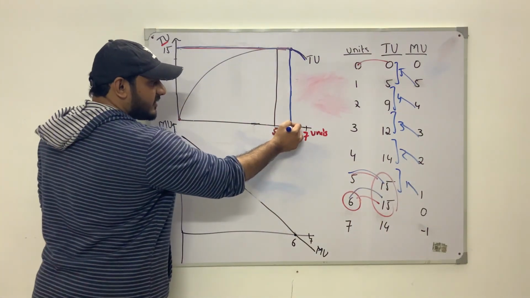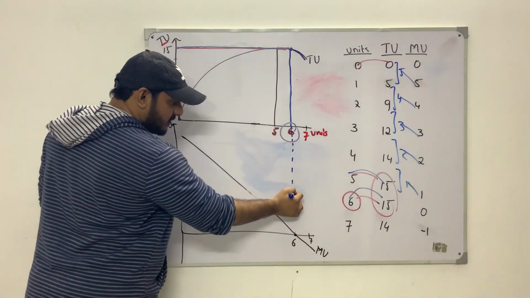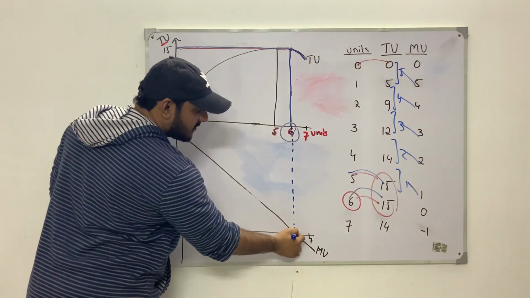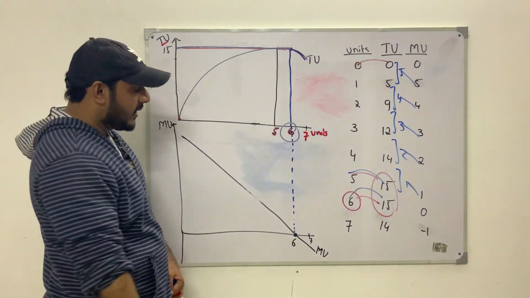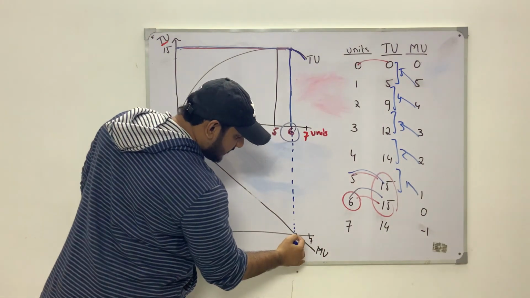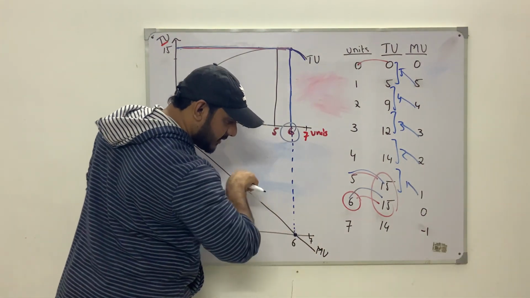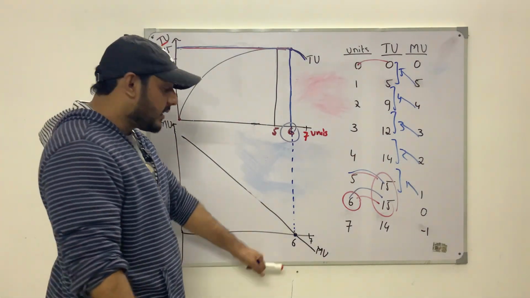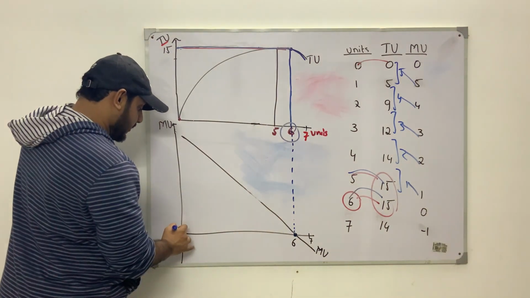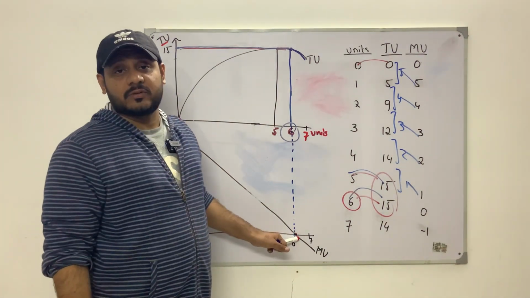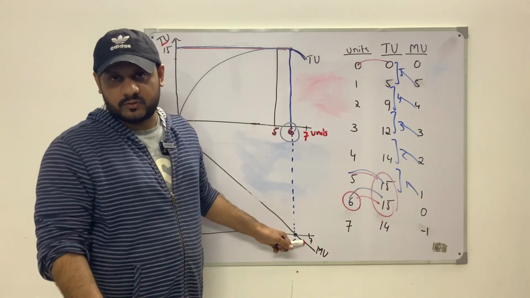And guys, the sixth unit of chocolate gives a marginal utility of 0, which corresponds with the marginal utility curve, because at the sixth unit the marginal utility intersects the horizontal axis, which tells us that the marginal utility is 0 from the consumption of the sixth unit of chocolate.